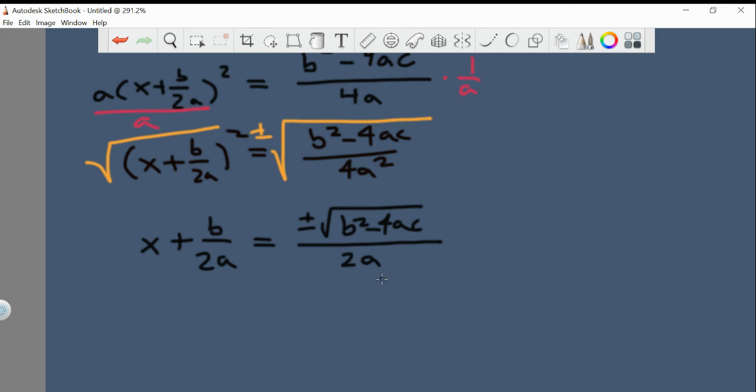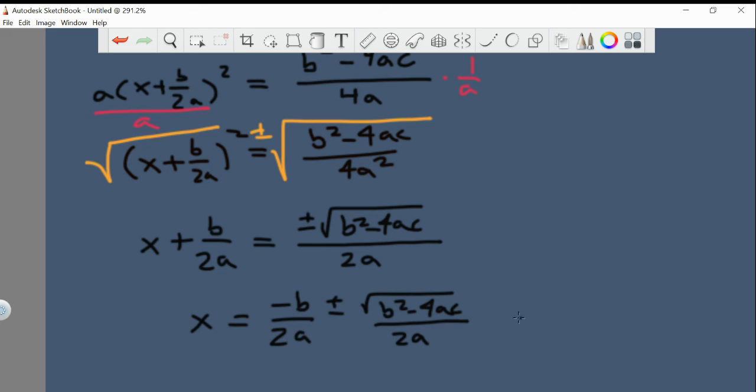And now you've probably either freaked out or maybe just said, oh, wow, cool. We can go ahead and subtract this to the other side, plus or minus the square root of b squared minus 4ac over 2a. And now we have two fractions.